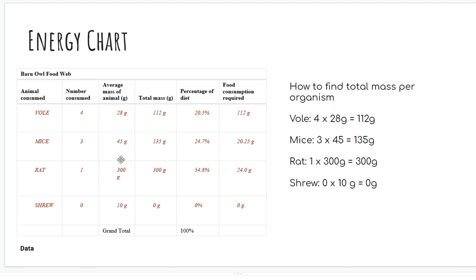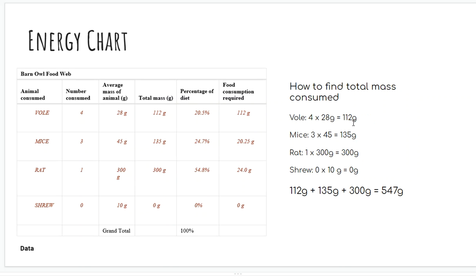My first step is to find that total individually for each organism, so I have this column called total mass. If I want to know all together how many grams the owl has consumed, I have to take these individual masses, the 112, 135, 300, and add them together. This gets me a grand total.